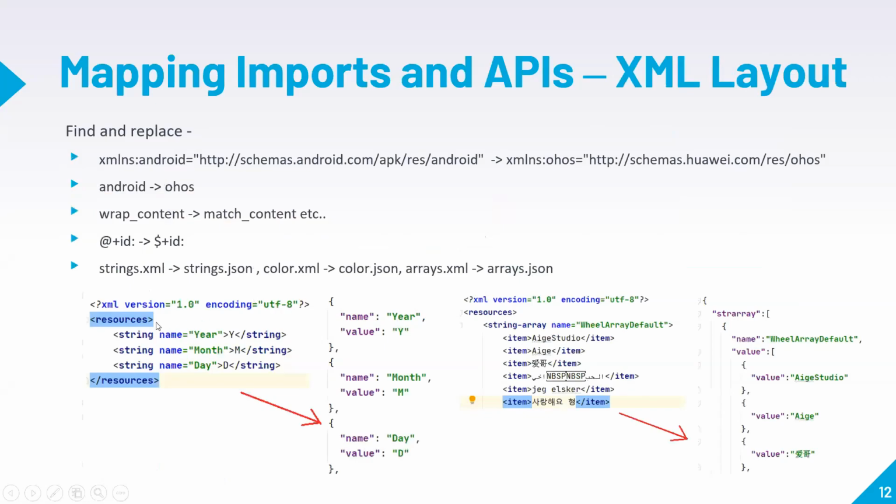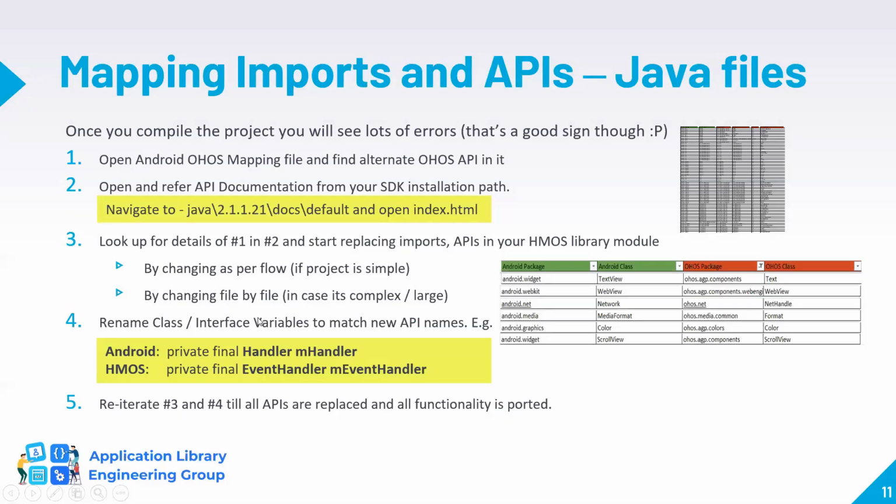Other than that, whenever we replace an API, sometimes there's a change of name. For example, in Android we have handler, but in Harmony we have event handler. So it is good practice to rename your variable names according to the class name. For example, you can have mHandler in Android. In Harmony, you should change it to mEventHandler, or just handler or event handler, so that it is more descriptive to the person who's handling the code.